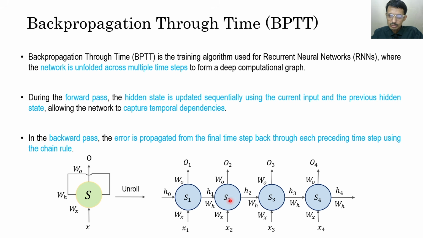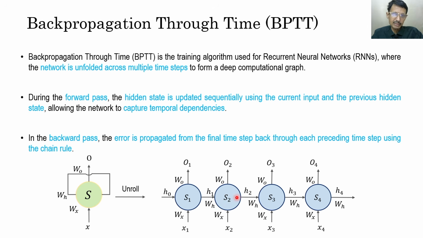You see S2 takes H at t minus 1. So H1 is coming to S2 with the weight matrix Wh. Similarly, x2 is the present input, coming with weight matrix Wx, and the corresponding output is O2 with weight matrix Wo, and H2 is determined by this.